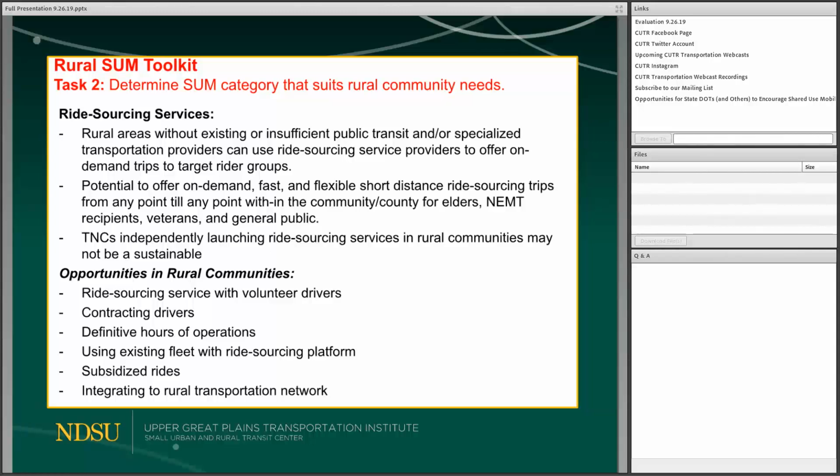Ride sourcing services could use the existing fleet, such as accessible vehicles, for providing on-demand trips. It is important to subsidize the rides so it could be an affordable option for rural communities, and integrating these trips into the rural transportation network could help meet the mobility gaps instead of duplicating them.